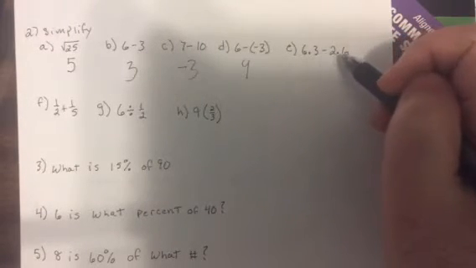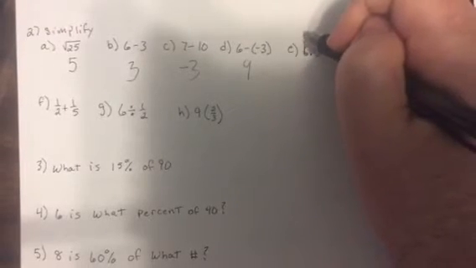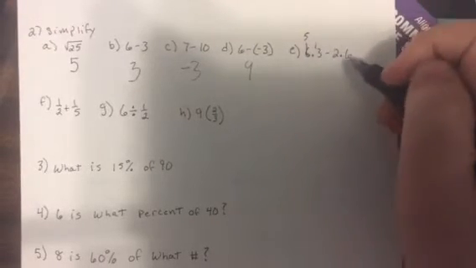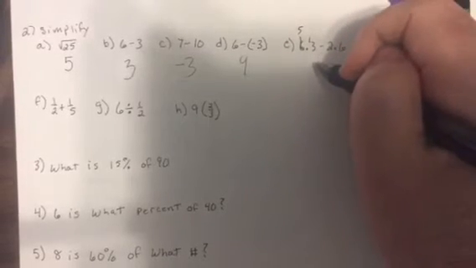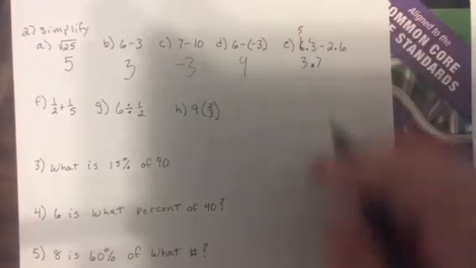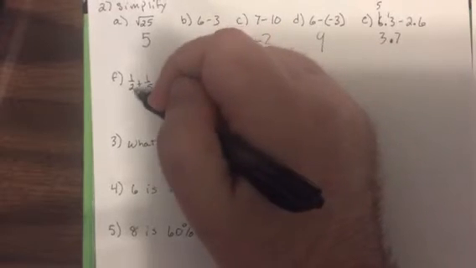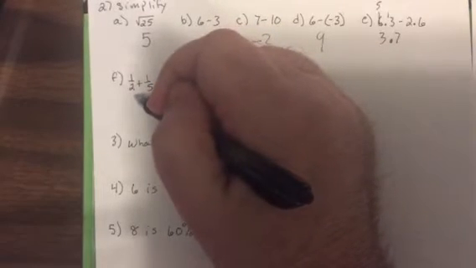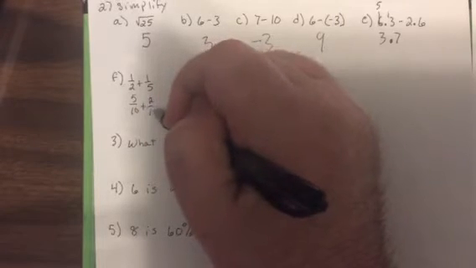6.3 minus 2.6. You're used to using a calculator, but what you do is you knock this down and then make this 13, because 6 is bigger than 3. 13 minus 6, that would be 0.7, and 5 minus 2 is 3. Woohoo! Then the fractions, you got to have common denominators, so this would be 5/10 plus 2/10.